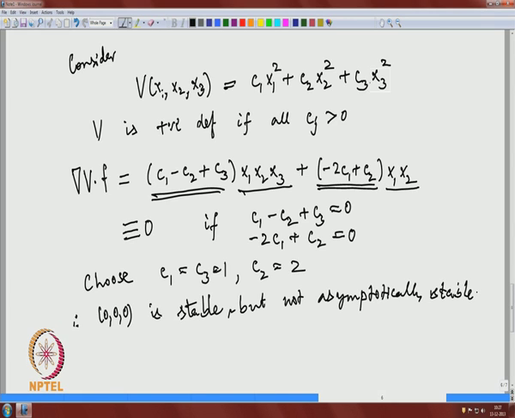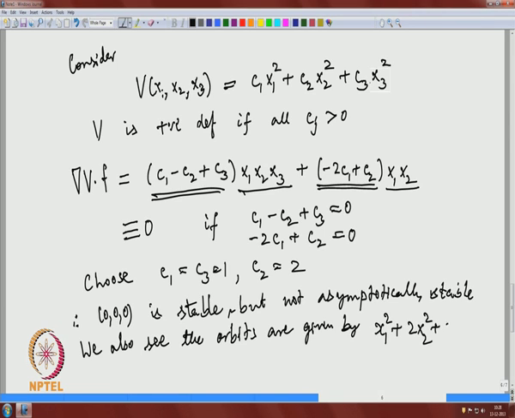And in this case, because this is identically 0, we also see that the orbits are given by x1 squared plus 2 x2 squared plus x3 squared equal to a constant. Let me write that as c squared.